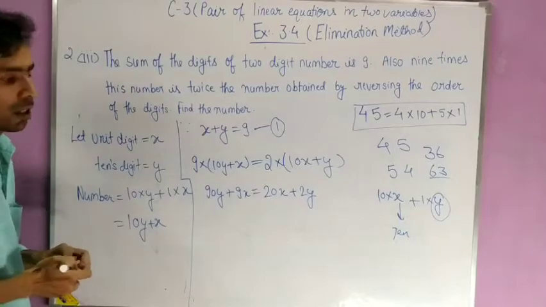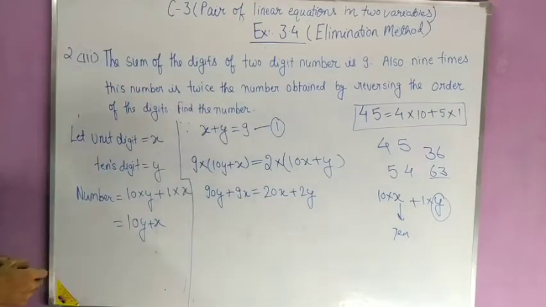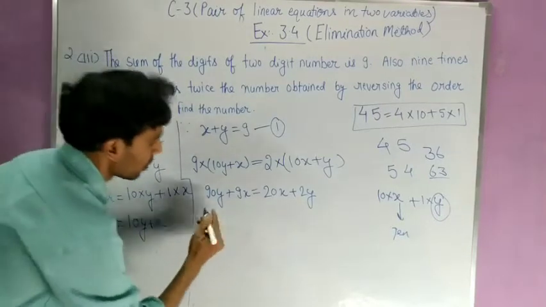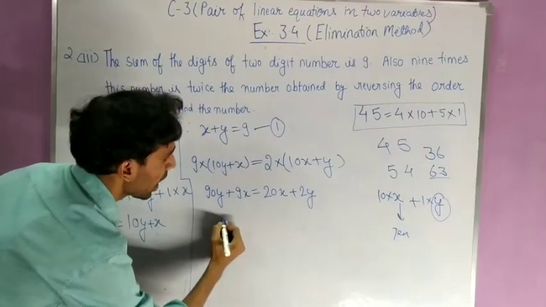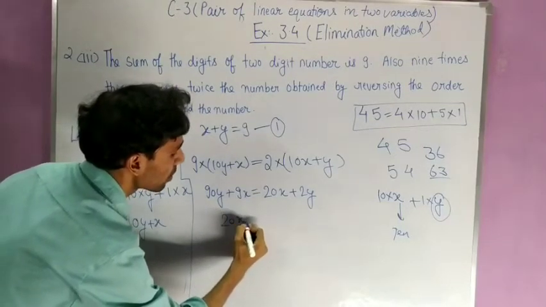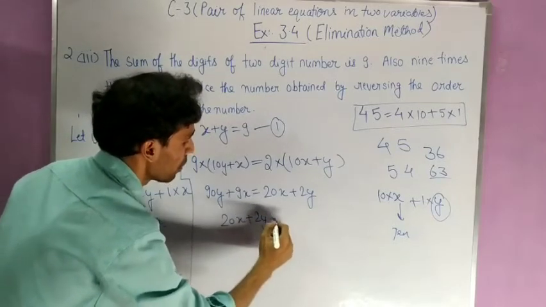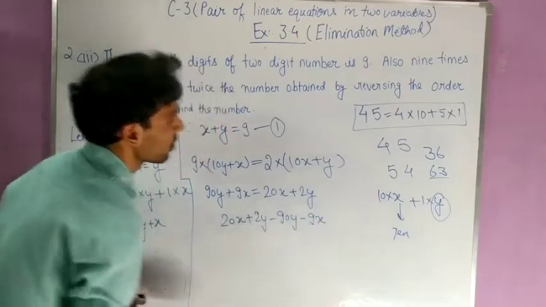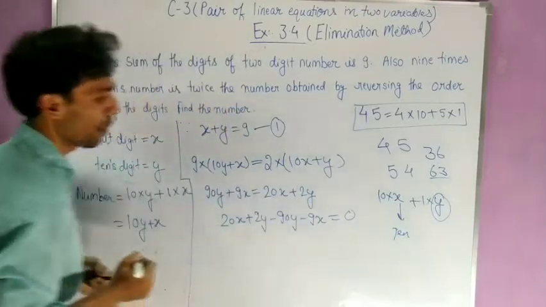Now transfer everything to this side. So it will come 20x plus 2y minus 90y minus 9x equal to 0.